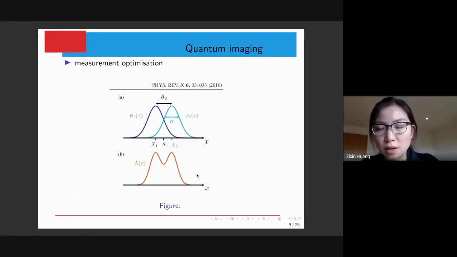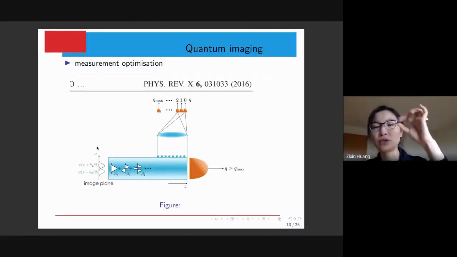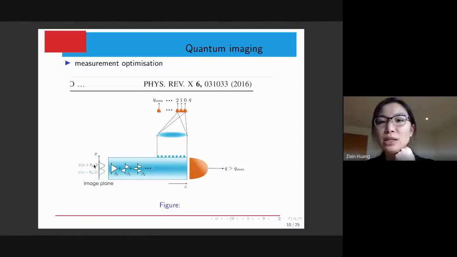We call this the Rayleigh curse. It turns out that if you use a specialized measurement, even in the limit that these two become infinitely close together, or when the separation approaches 0, then you can still estimate this particular separation with a finite accuracy. That is done by feeding what is on the image screen onto the Hermite Gaussian modes of a fiber, and then performing photon counting on those modes.